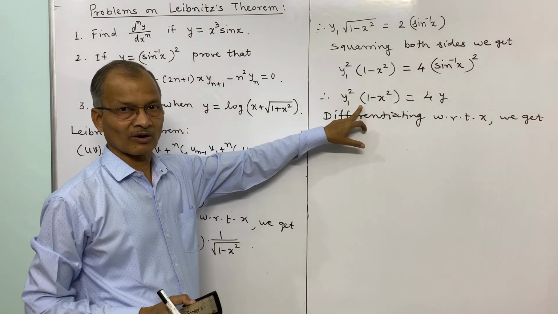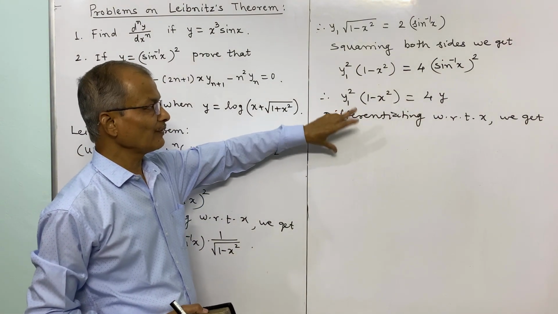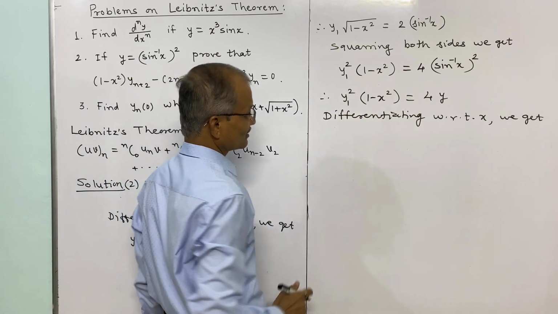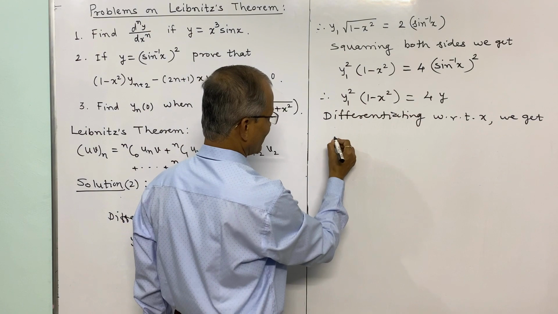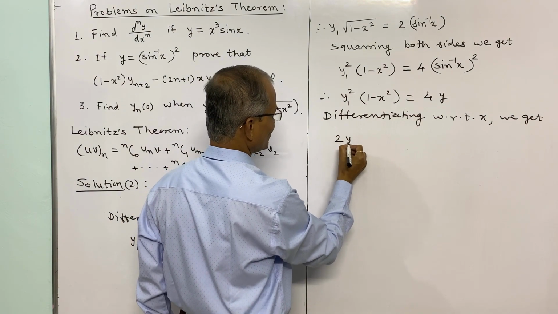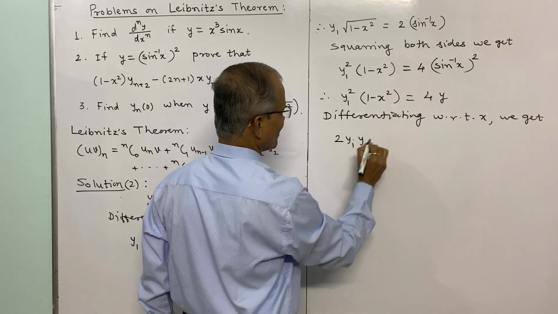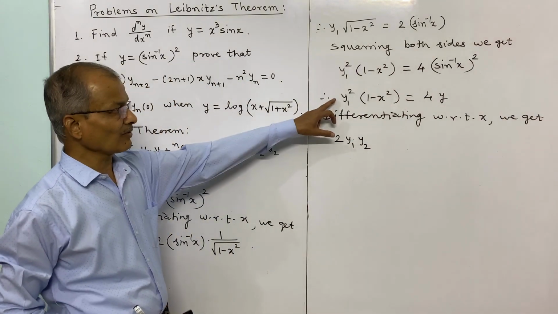So we have to use the product rule, and we will use it like this: derivative of first, second as it is. What is the derivative of y1 square? By the square function rule, it is 2 into y1 into the derivative of y1, that is y2. 2y1 y2 is the derivative of y1 square.